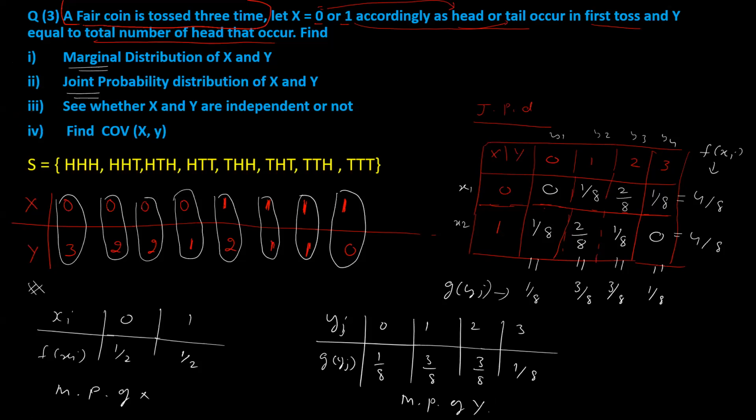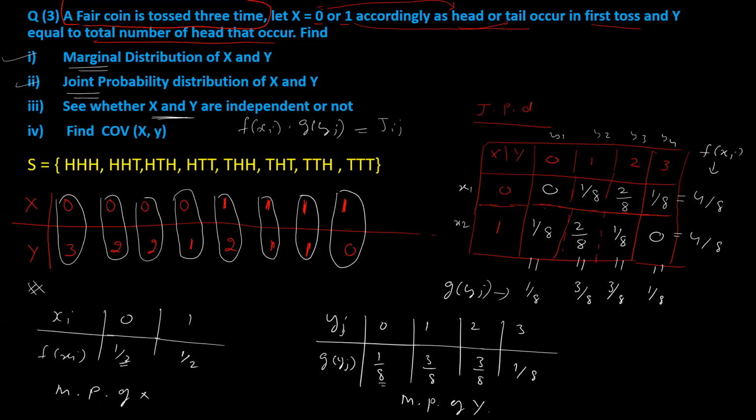So now can you tell me whether x and y are independent or not? Here only you can check whether it is independent or not. Which formula you have to use? You have to use f of xi into g of yj, and that should be equal to j of ij. Any one value you take. You take 1 by 2 into 1 by 8.